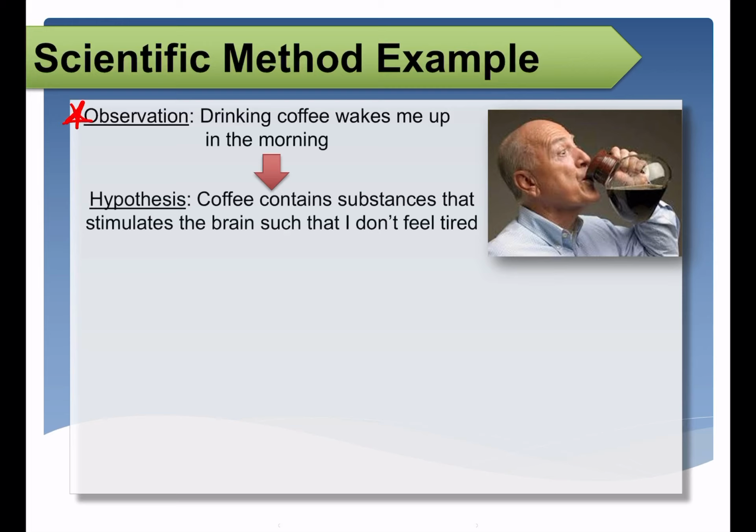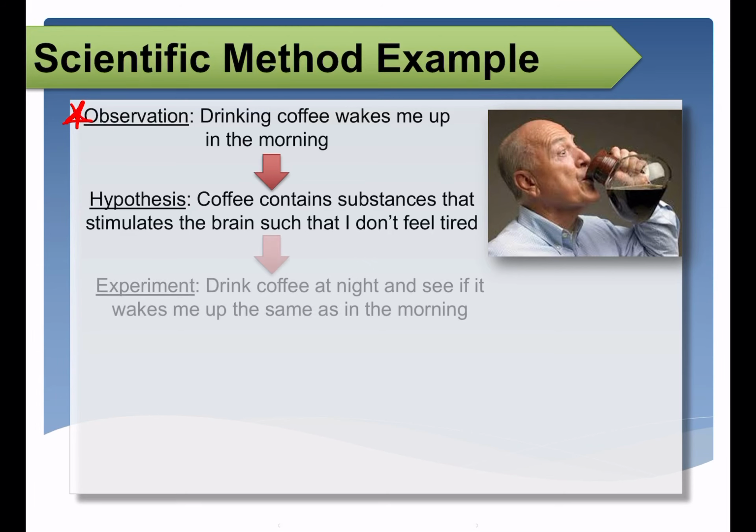So a possible hypothesis that we can come up with is that maybe coffee contains substances that stimulate the brain such that I don't feel tired. Okay, so that's a plausible hypothesis where it includes things that I can test and also falsify.